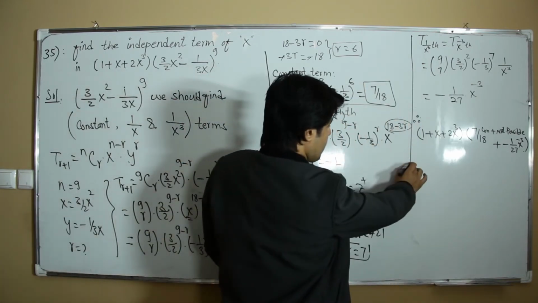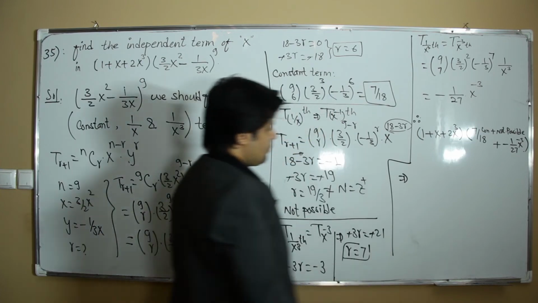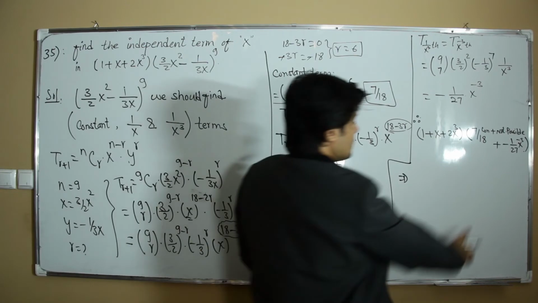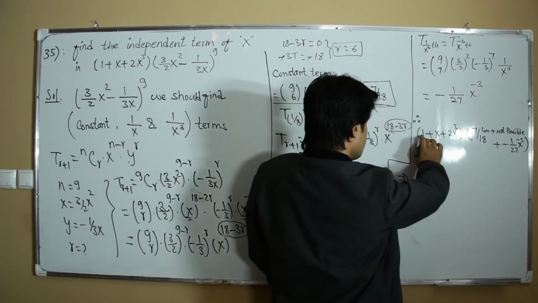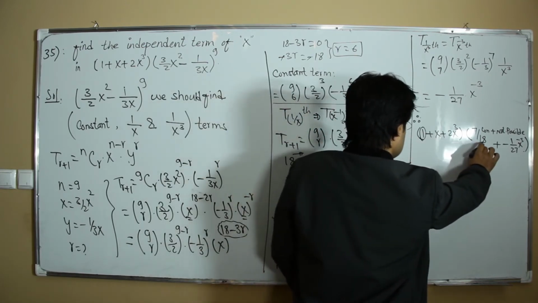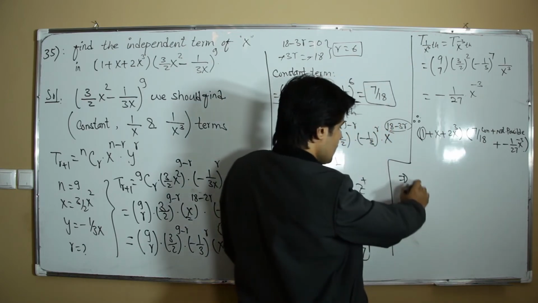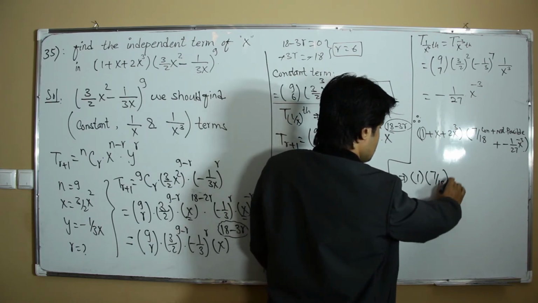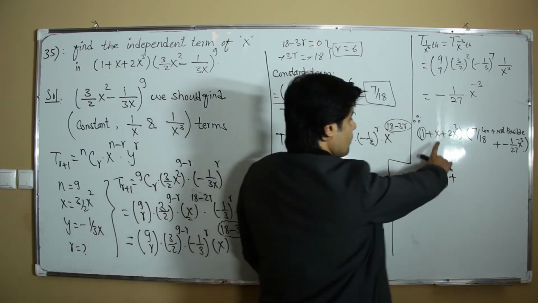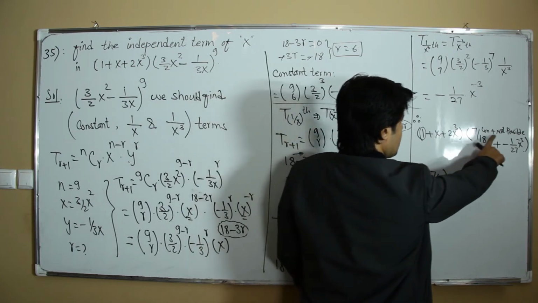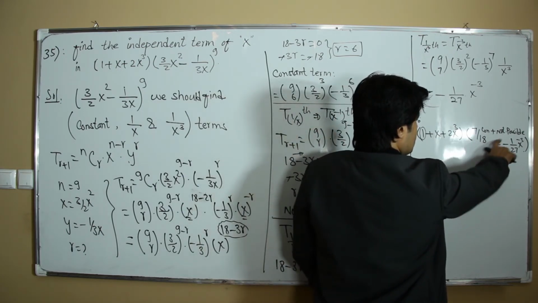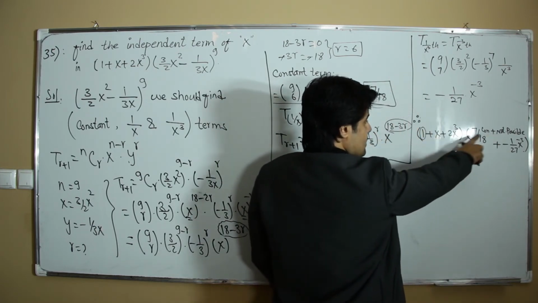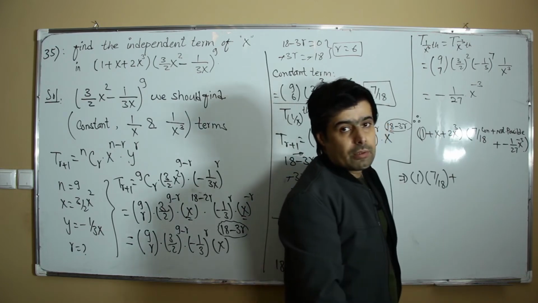Now, we have to find the independent term of x. This is independent of the x. If we multiply this one with this constant number, we have 1 times 7 divided by 18, plus x to the power 1 should be multiplied to the term which has x to the power minus 1, but there is no term, so do not multiply x with any term of them.